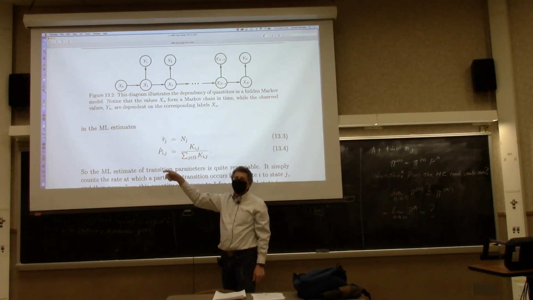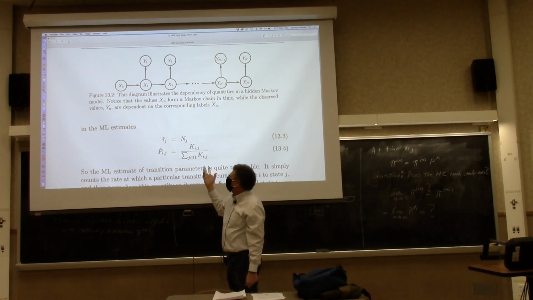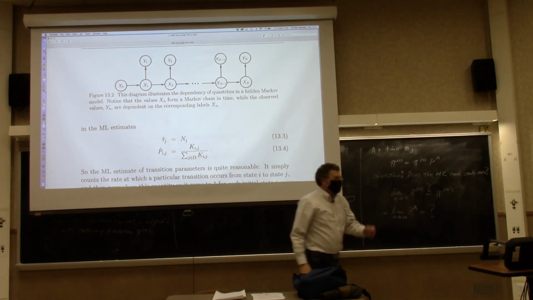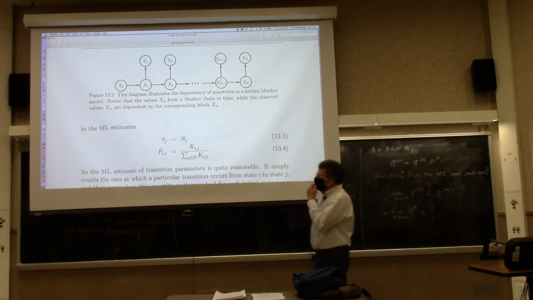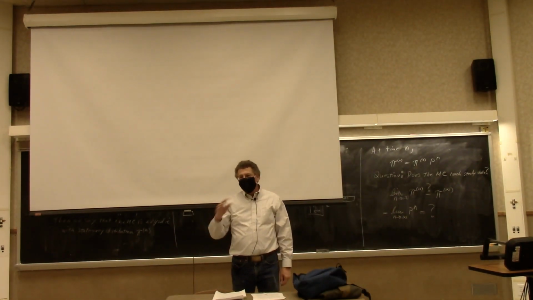We'll need that later, because when we do the EM algorithm, we want to estimate the parameters of the Markov chain. You'll need that. Next time I'll review some of this again.